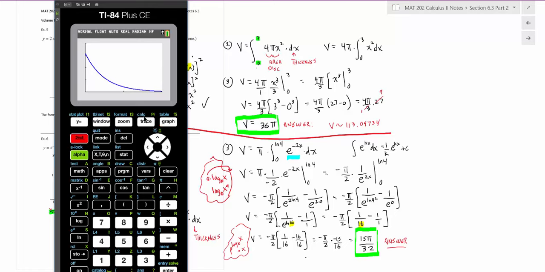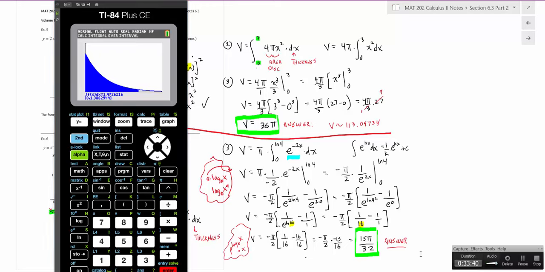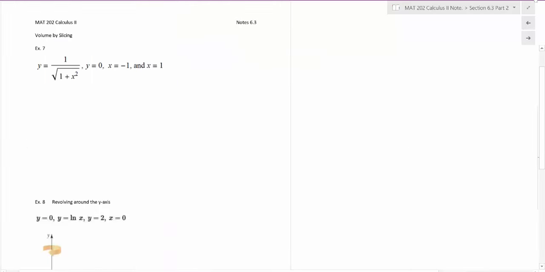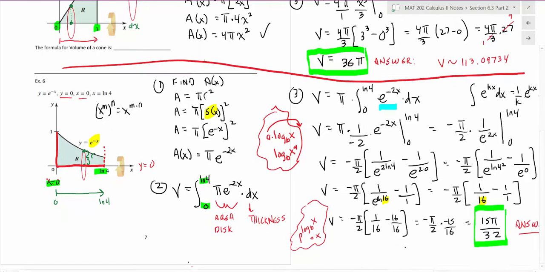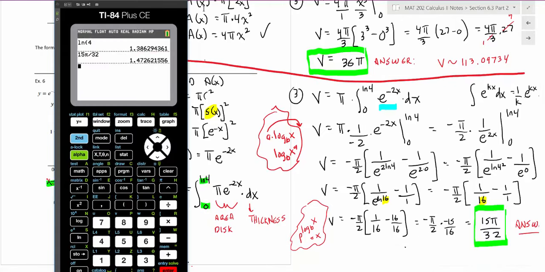So I'm going to go second trace, option 7, lower limit is 0. Upper limit, just put in ln 4. It will shade it. It'll give us a decimal approximation now. So it's going to give that piece right there then. And then we can see if that's the... Okay, so I was just showing you on this with the calculator.